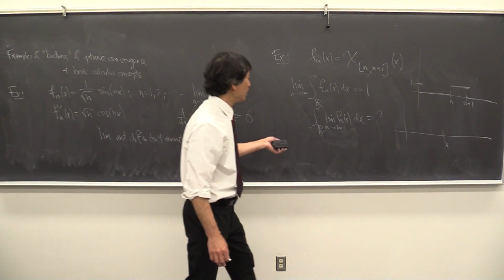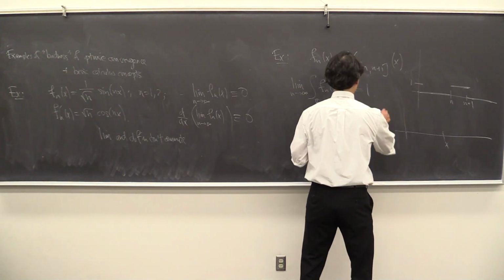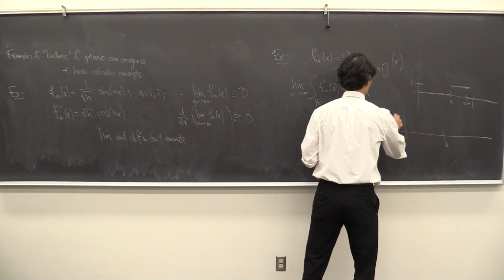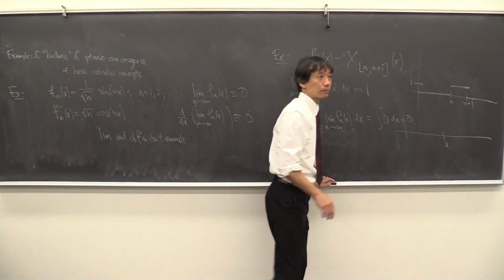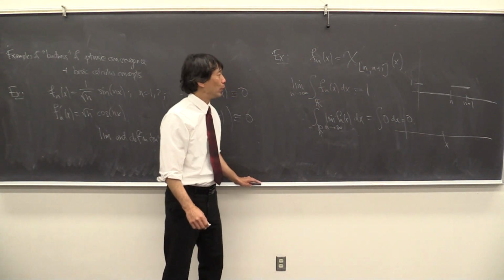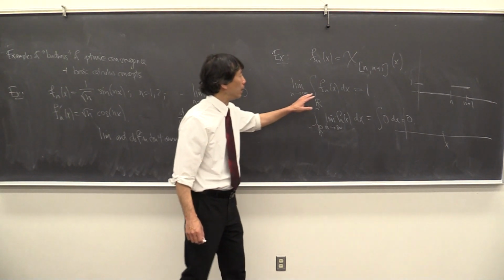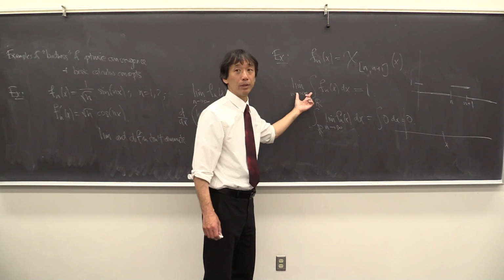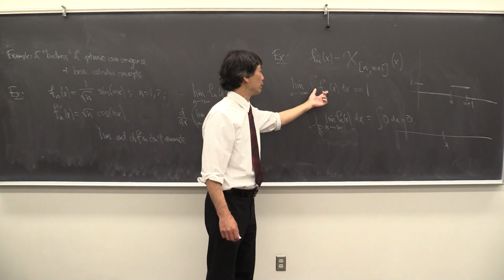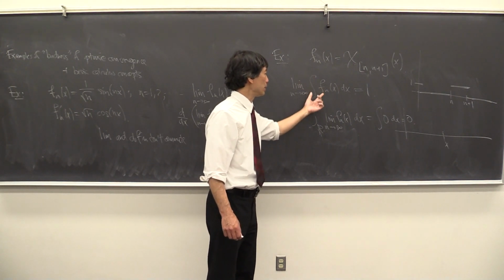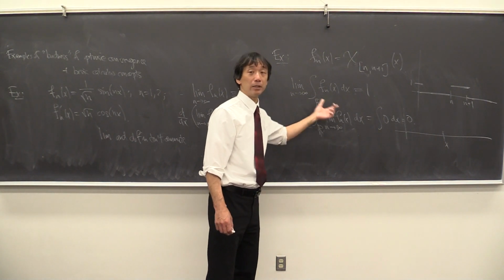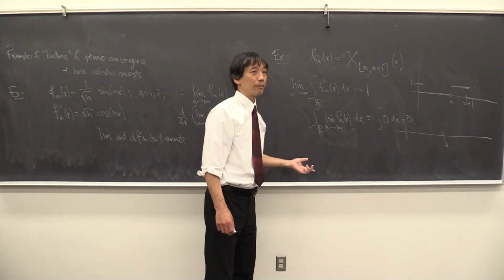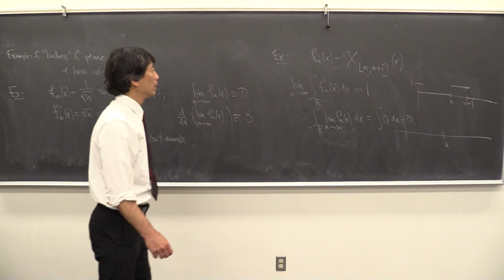So the integral of the limit is the integral of 0, which is just 0. The point is that these things don't commute. The limit of the integrals and the integral of the limit give completely different answers.